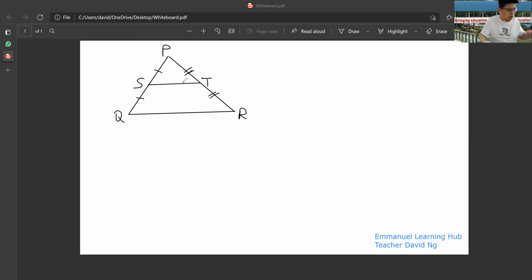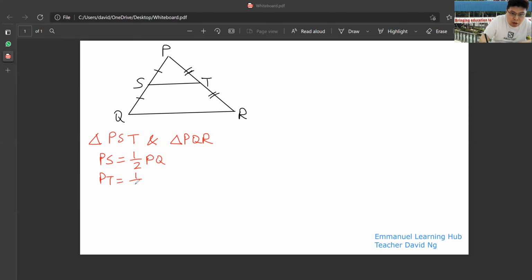So for similar triangles, in triangle PST and my triangle PQR, my PS is equal to half of PQ, and my PT is equal to half of PR.